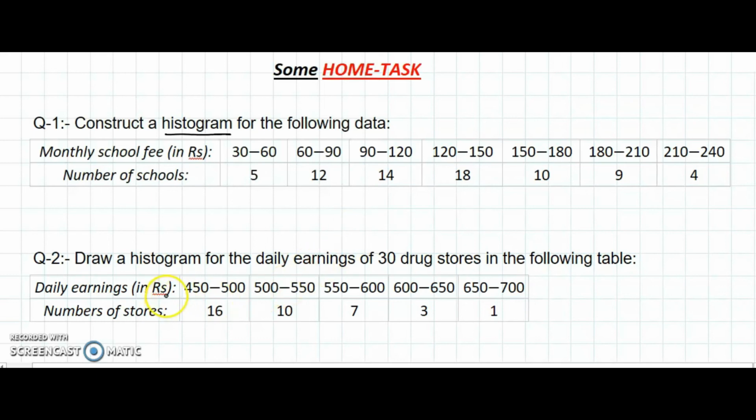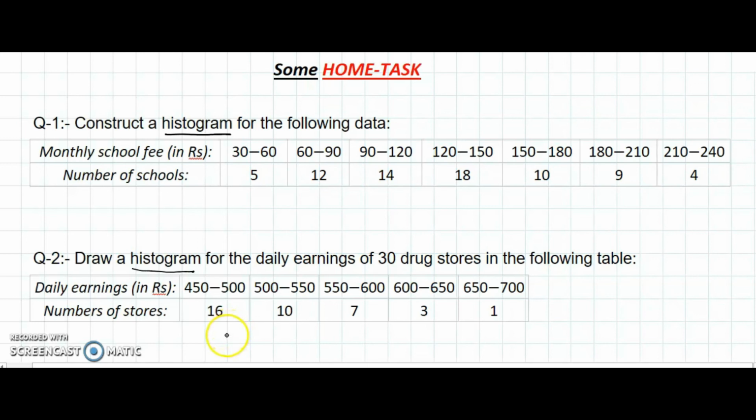And in the second question again you have to draw one histogram, but remember, I am sure you have understood that in question number 2 you have to use a KINK line, because the data is starting with 450 to 500. So you have to mention a KINK line in that particular histogram, because the daily earnings of 30 drug stores are given in the following table.